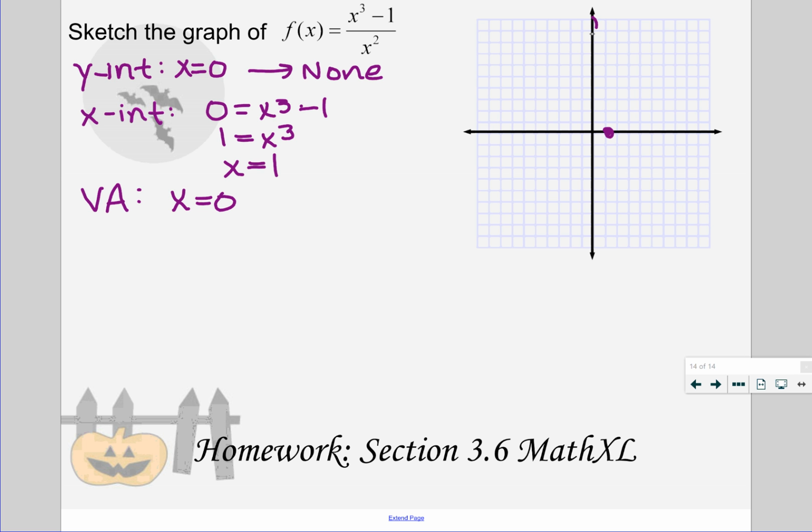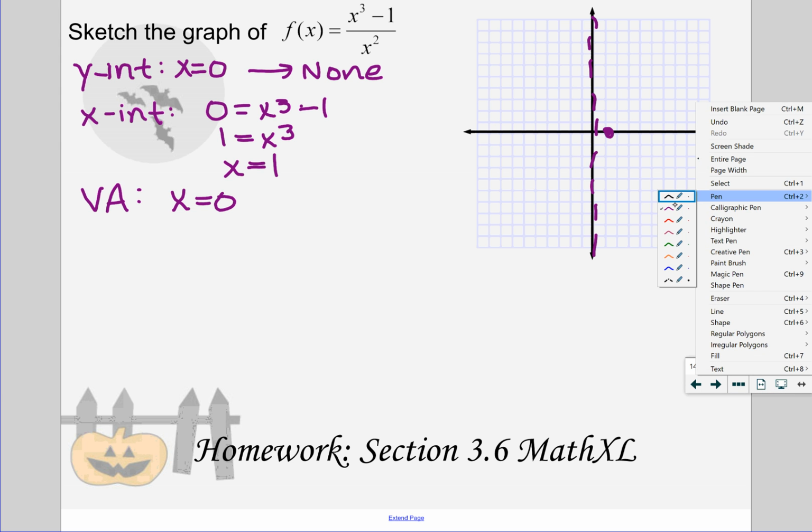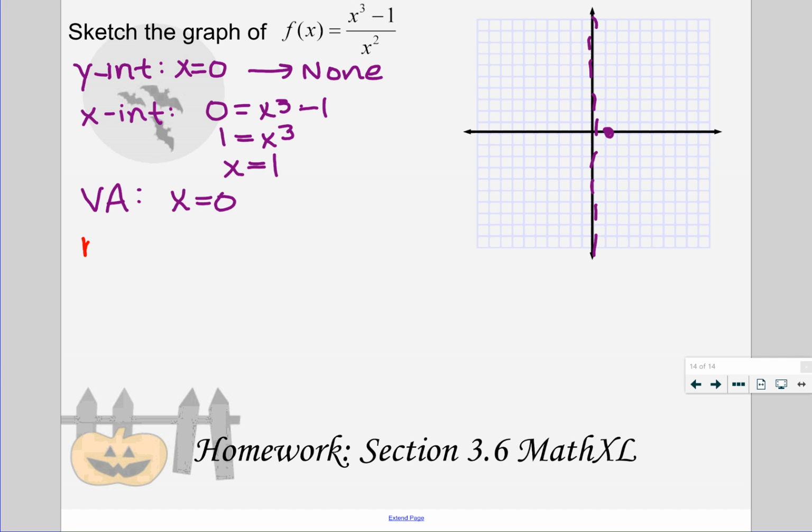Again, not a shock. You can make your little, oh, mine's going to be a little crooked, but you get the idea. On the y-axis at x equals 0, we're going to have a vertical asymptote. We're not going to cross it. Now we look at horizontal and oblique. What's my n, degree of the numerator? M, degree of my denominator? 2, n is greater than m, which means if we ask for a horizontal asymptote, your answer would be none.